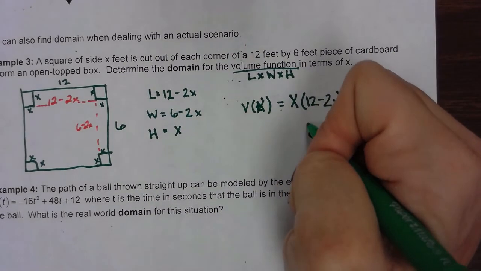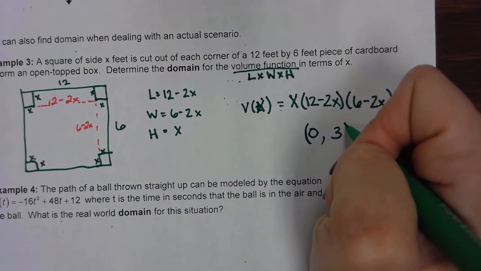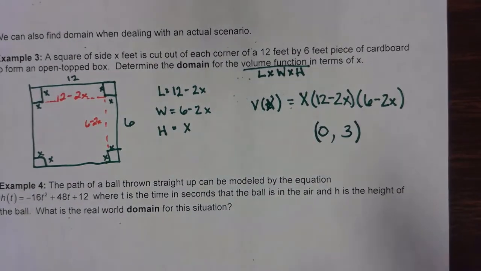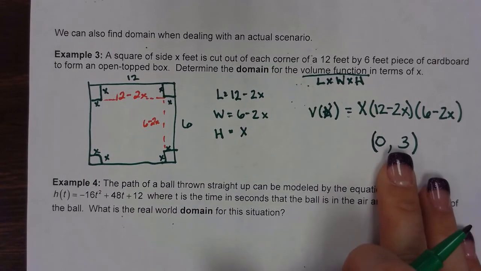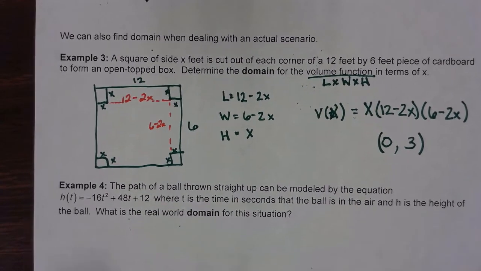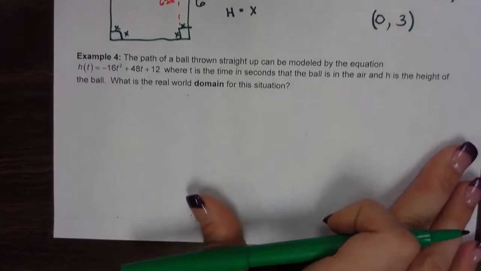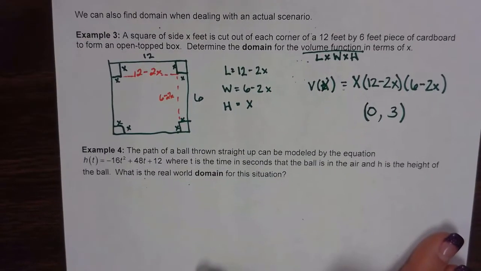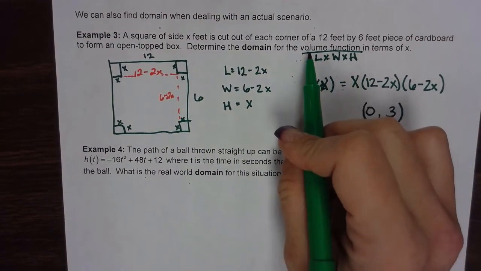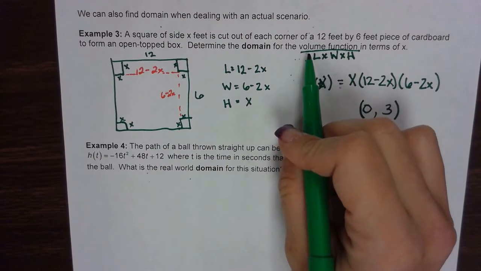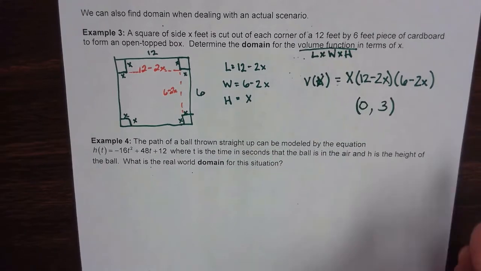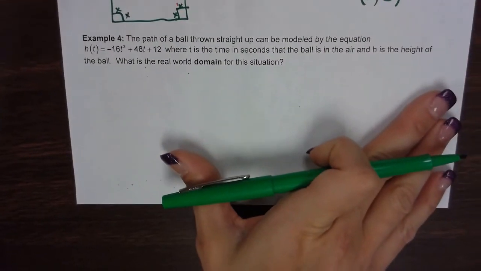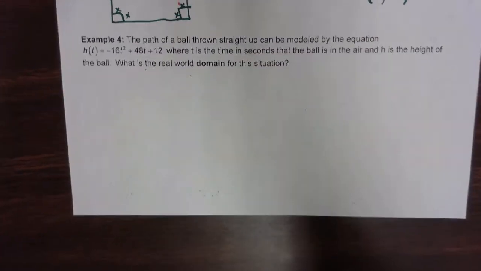So what we're going to do is put parentheses because we don't want to not have a volume. And this is our answer. Again, because our volume, we don't want it to be 0, otherwise we won't have a volume, and we don't want it to be negative because negative dimensions do not exist in real life scenarios.